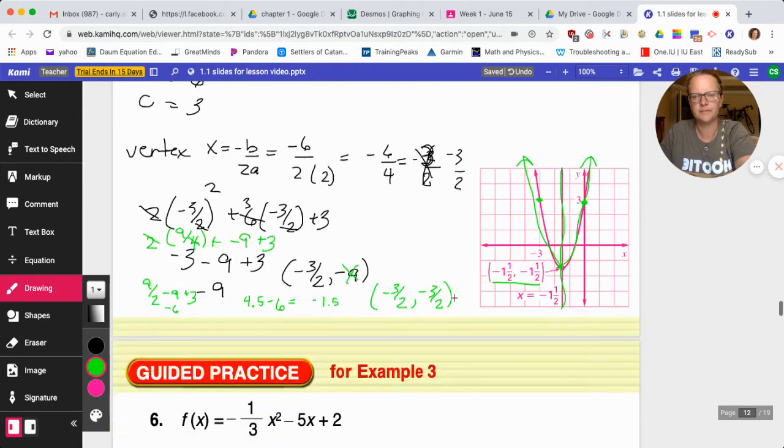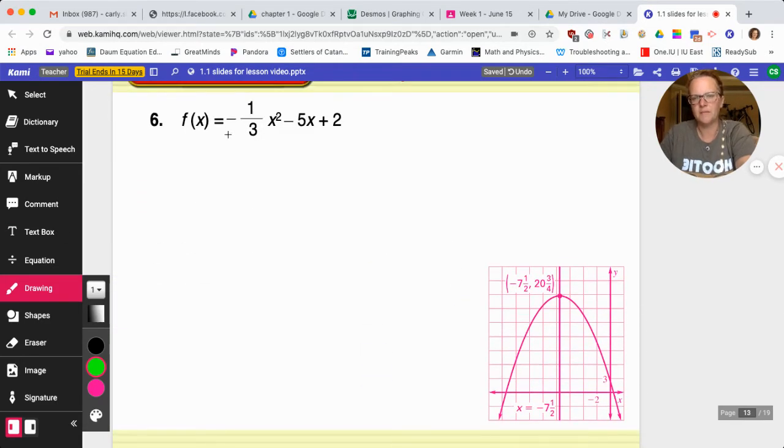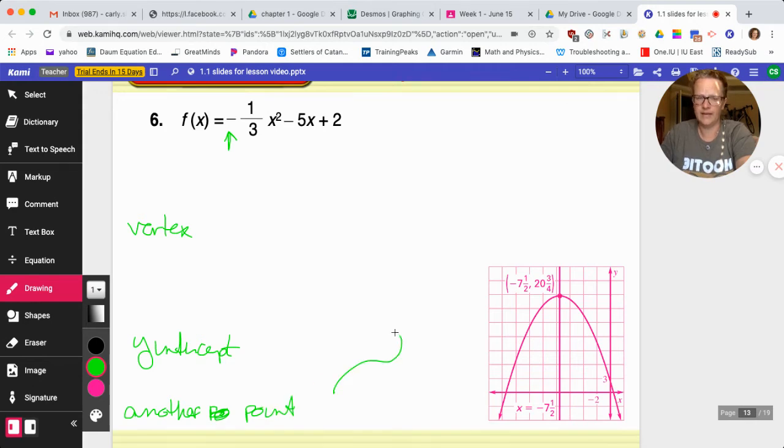Cool? All right, we have our first unhappy parabola. But I'm not going to do another example for you. I think that you guys have got it from here. First, we find the vertex, then the y-intercept, and then another point if we need one. And then graph it.